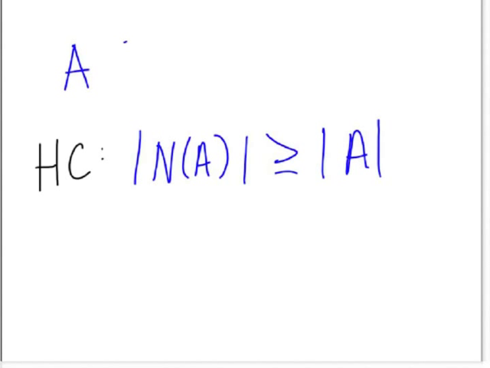And A in this case would be any subset of the first vertex set of the bipartition, and this condition, Hall's condition, has to be true for all subsets A of V1.